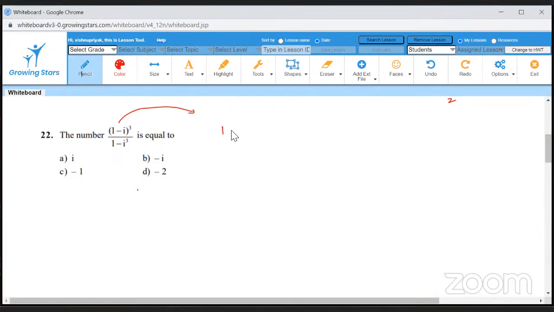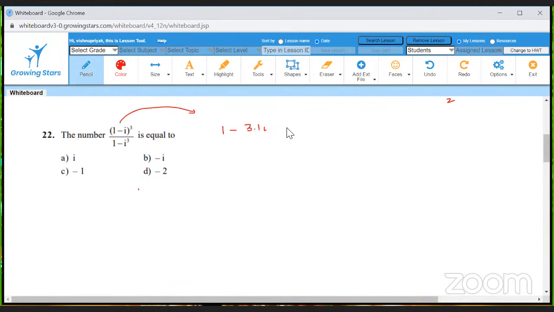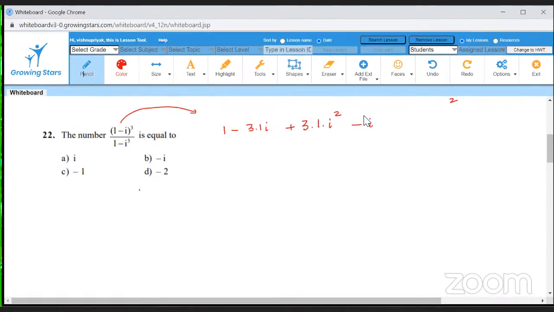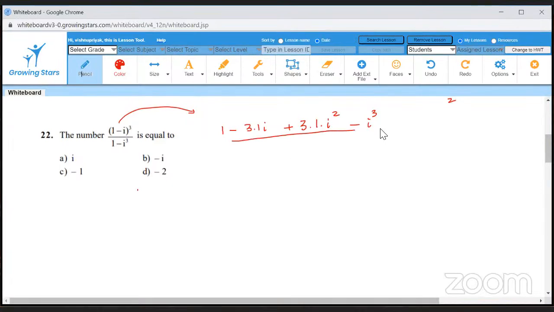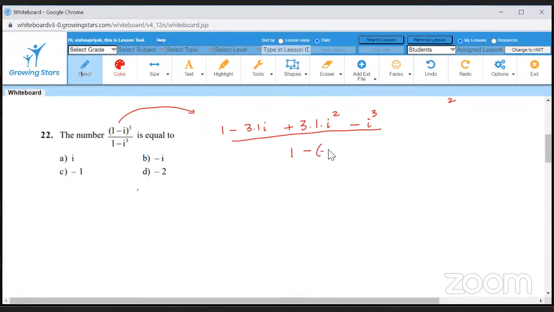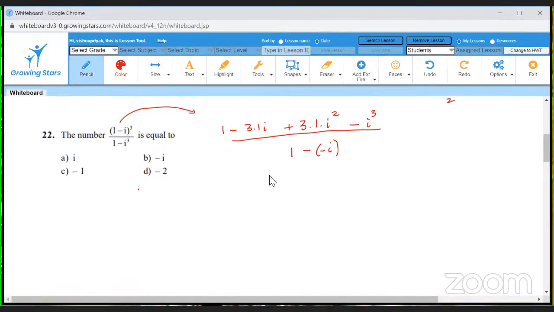is a cube minus 3a square b plus 3ab square minus b cube. Denominator: 1 minus i cube is minus i.